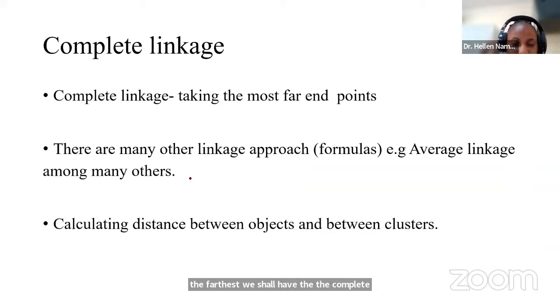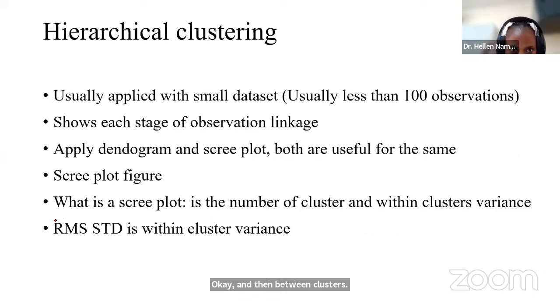I think I've explained the complete: we are taking the farthest endpoints. There are also other approaches, for example, the average, etc. But it's all about how you can calculate the distance between objects, and then between clusters.